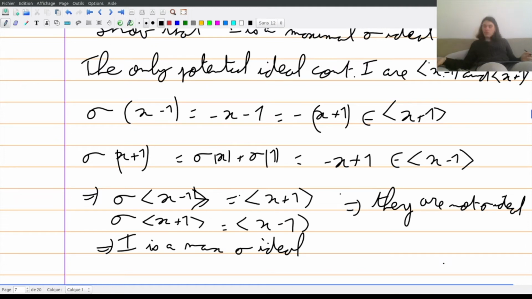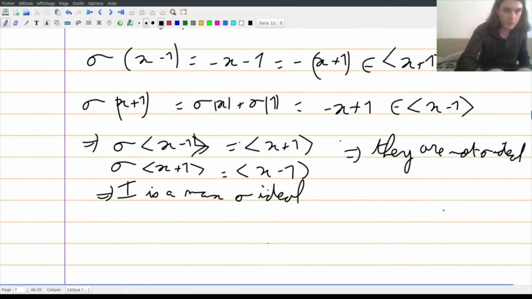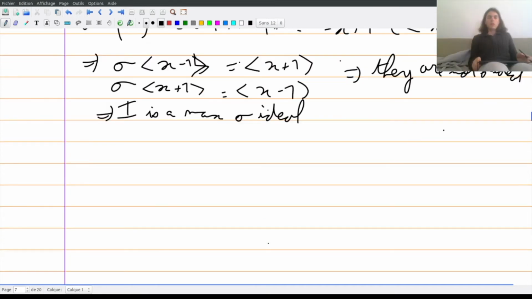So let's note that I is not a maximal ideal, it is the maximal sigma ideal. And this is the point where you find a very interesting phenomenon. Because since your ideal is the product of two prime ideals, you find something that is not a field, not an integral domain.